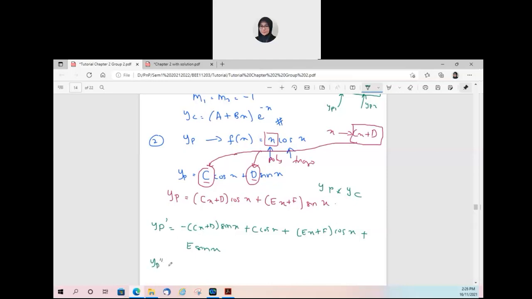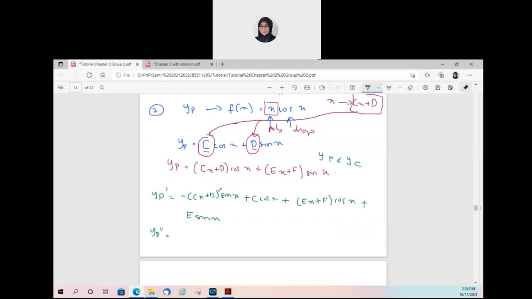YP double prime, sama juga step dia. Okay, you differentiate this one. You differentiate this one, you will get minus CX plus D cos X. Betul tak?